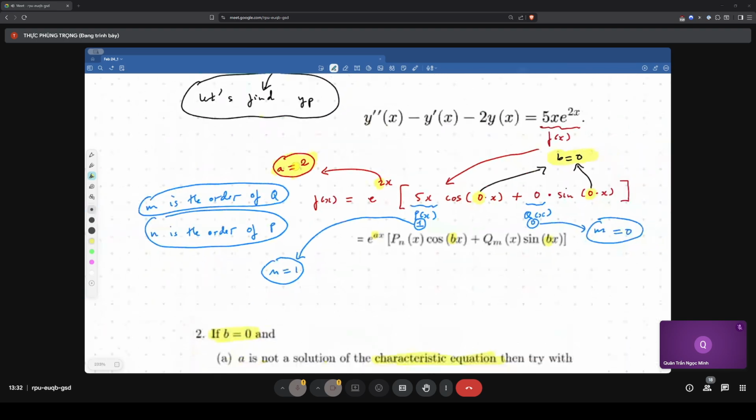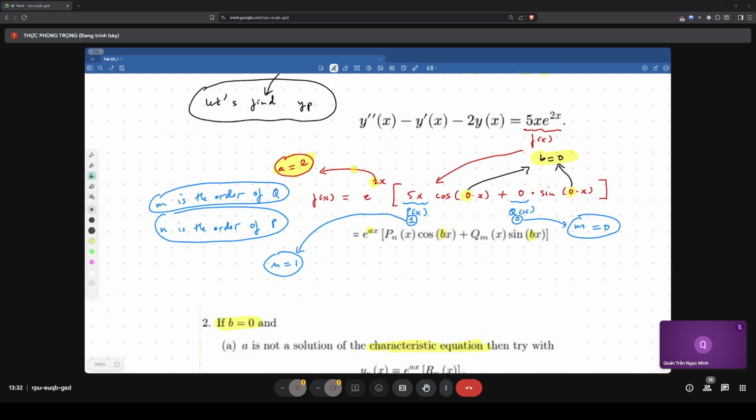Do you remember where A comes from? It's from the exponential function. You look at e to the power something in f. If you have that, you have A. If you see no exponential functions, A is 0. But in here, A is the number 2.